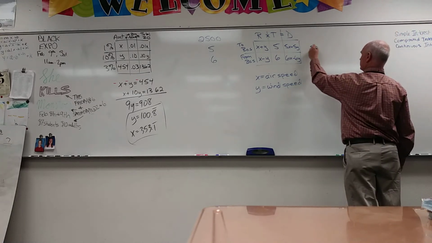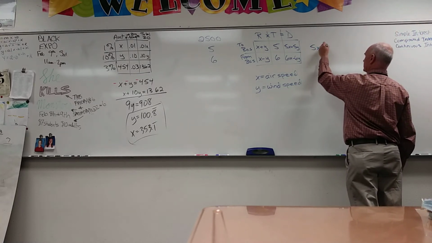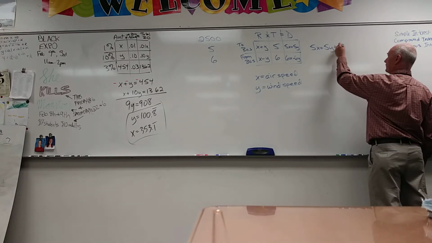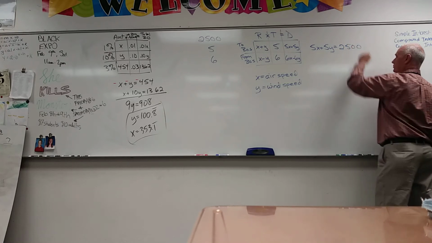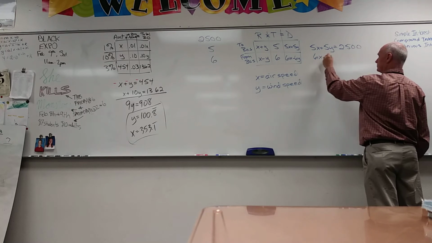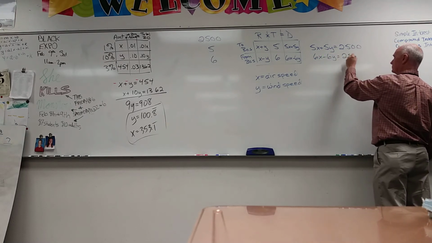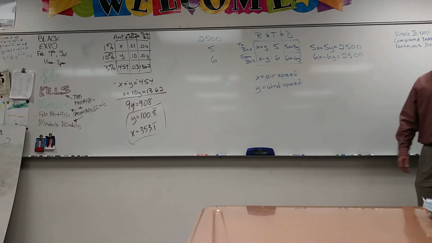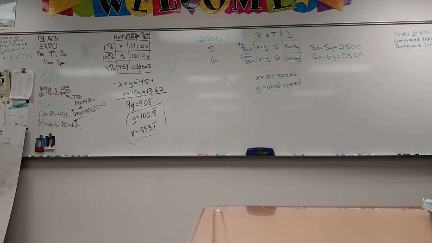The first equation: 5x plus 5y equals 2,500. The distance that we're flying is 2,500. The second equation is the system. Because in the chart, we just want to multiply across. We don't want to go throwing numbers in. We always want to multiply across.